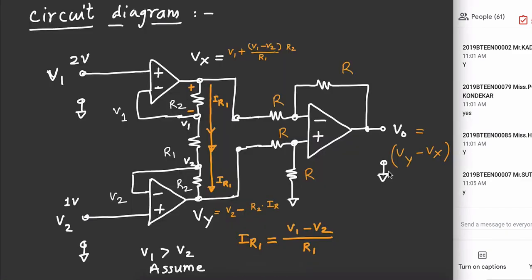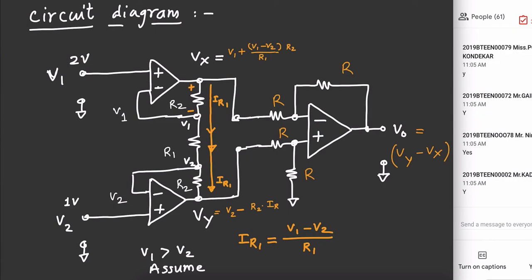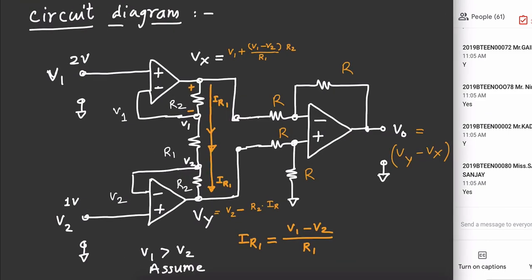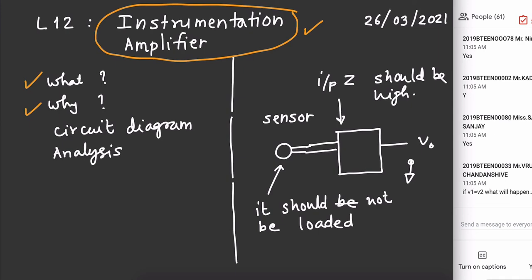Did you understand the instrumentation amplifier to some extent at least? Yes. So let us take a very quick recap, and now you will be able to read the lab manual properly. So read the lab manual, follow the steps, go through the derivation, write down the derivation, and then draw the circuit diagram and try to perform the experiment on your own. Okay.